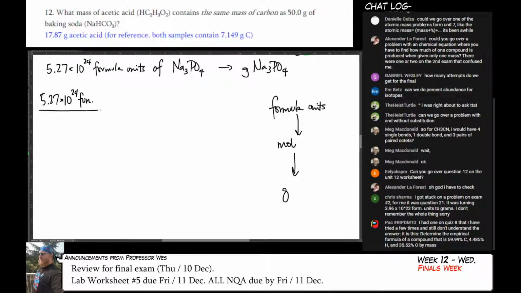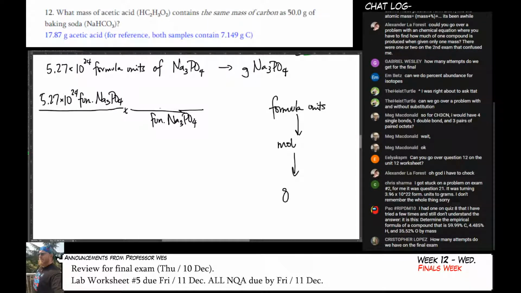We'll just call it fun. There you go. So there are some number of formula units in a mole, and then in a mole of Na3PO4, there will be some amount of grams of stuff.